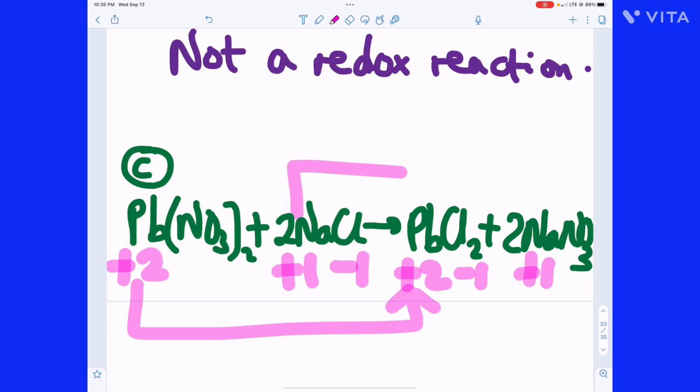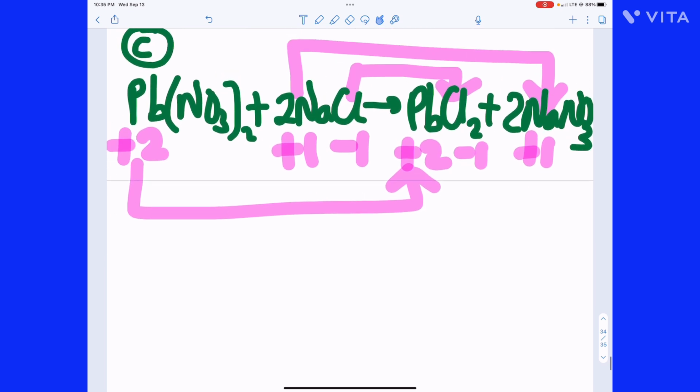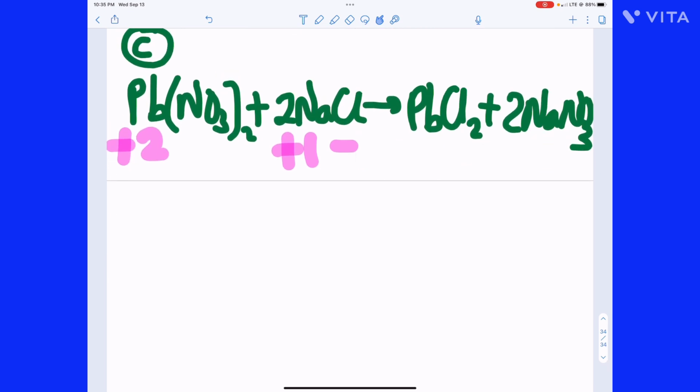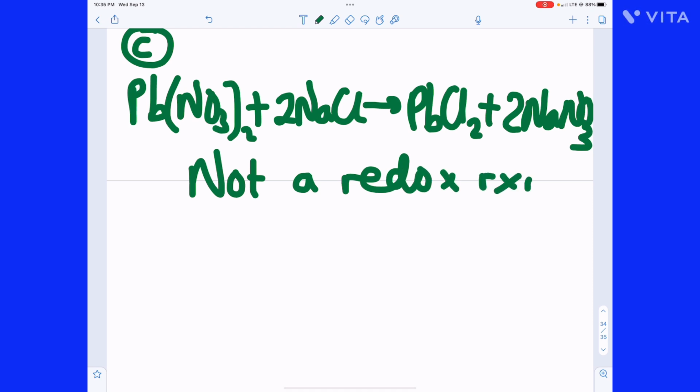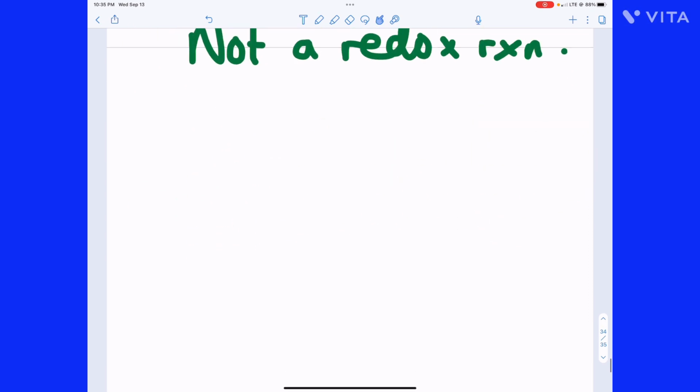Sodium is +1 here, +1 here. Chlorine is -1 here, -1 here. So we say this reaction is not a redox reaction. Let's go to D.